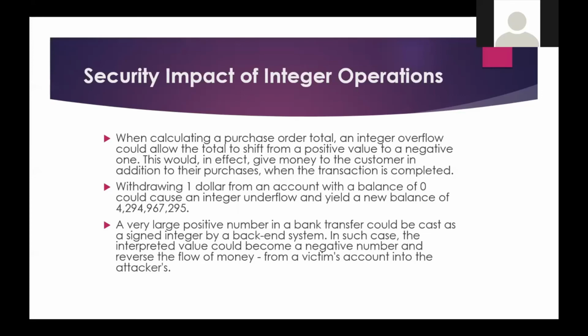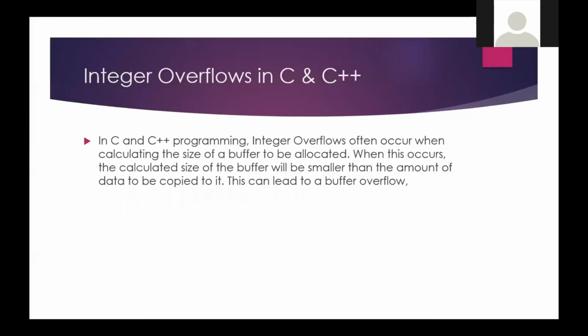Withdrawing $1 from an account with a balance of 0 could cause an integer underflow and yield a new balance of a very large amount. A very large positive number in a bank transfer could be interpreted as a negative integer by a back end system, and so on, as we go through the issues.